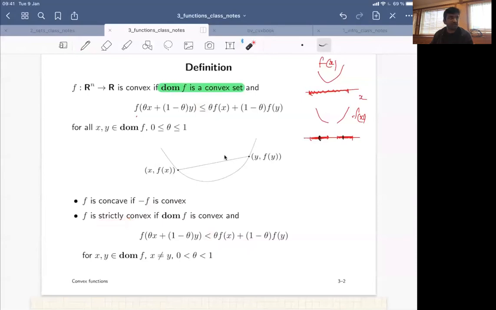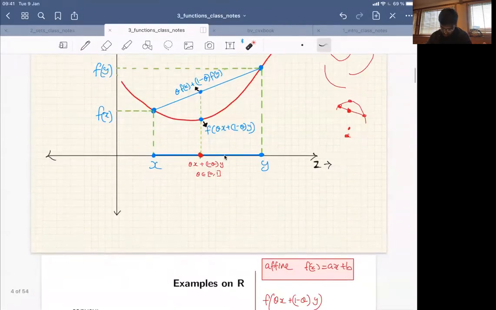Strictly and strongly convex functions are different concepts. Strict convexity is easy because you just need to consider the strict inequality. Okay, so we saw that.